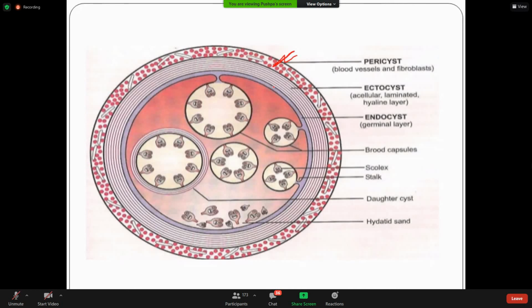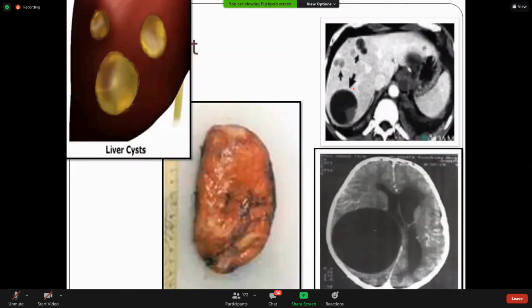The fluid inside this cyst is highly anaphylactic and causes an anaphylactic reaction in the body. So you can see cysts here in the brain like this and in the liver.